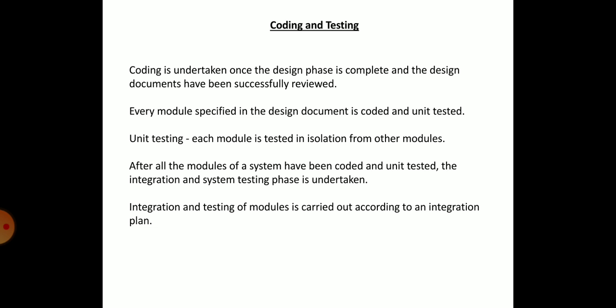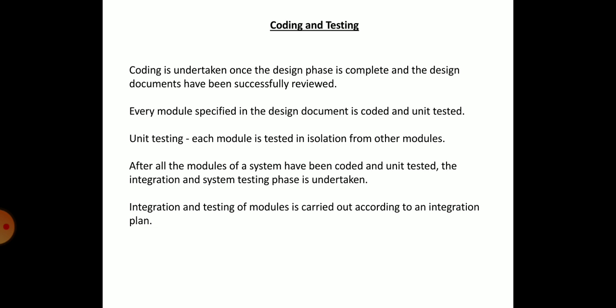So the objective of the coding phase is to transform the design of a system into code in a high level language. And after completing the coding phase for each module, these modules will be unit tested.